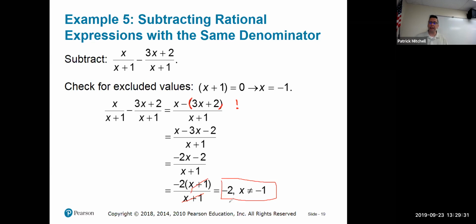The way that I think of this is we are saying that the original expression is 100% equivalent to the number -2, as long as you don't try it with x equals -1. So in order for them to be 100% equivalent, you do need to put that excluded value as part of your answer.